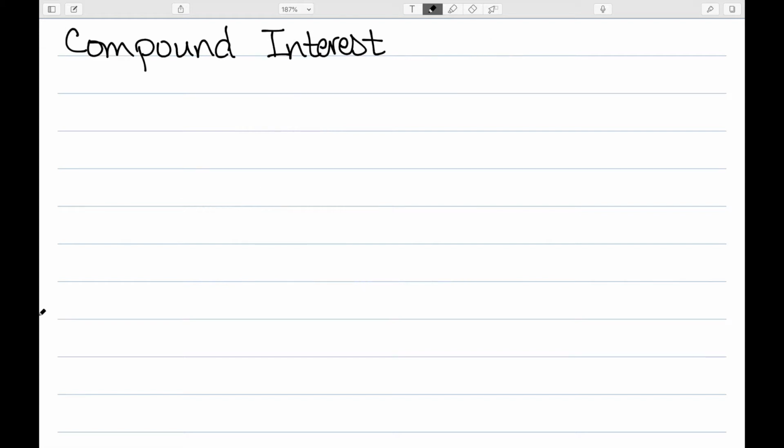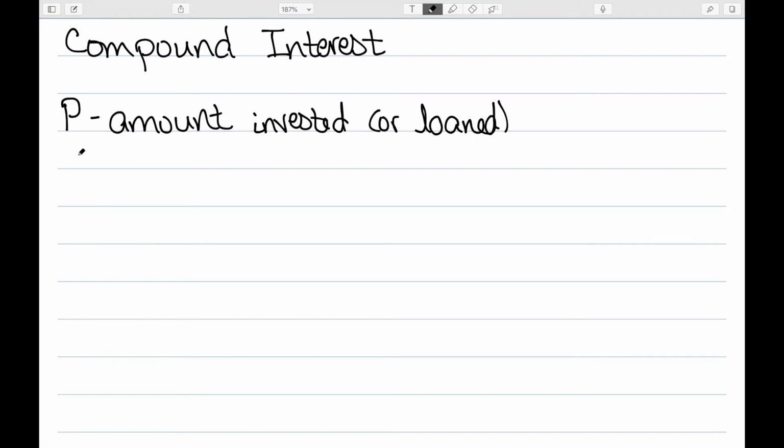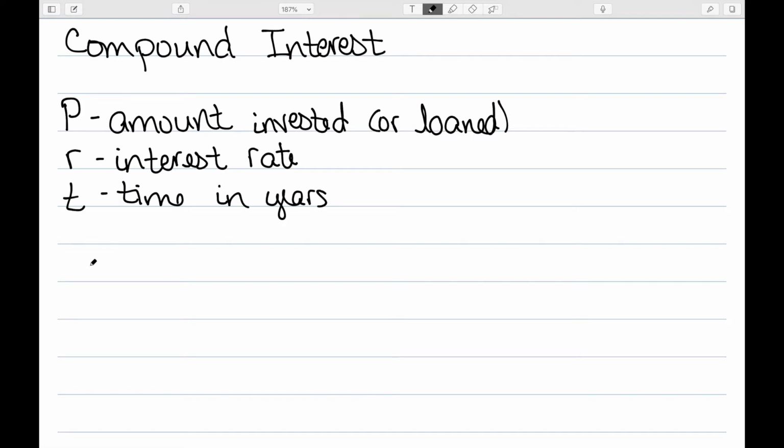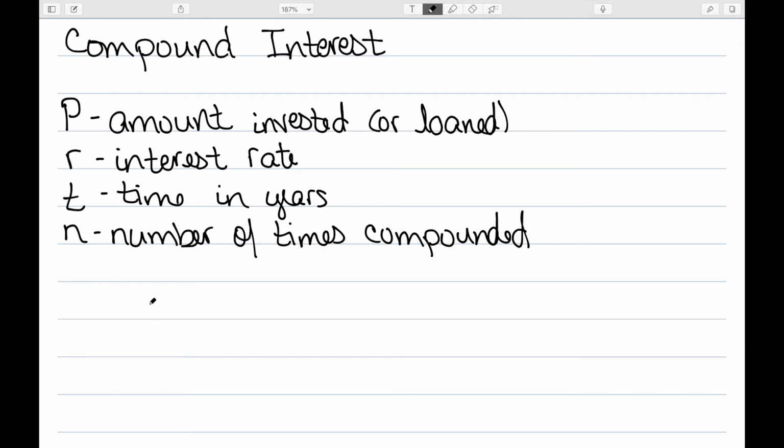The application I'm going to look at here is going to be compound interest. So let's think about what this means. P is going to be the amount invested or loaned. R is my interest rate. T is the time in years. And then N is the number of times that we compound per year.